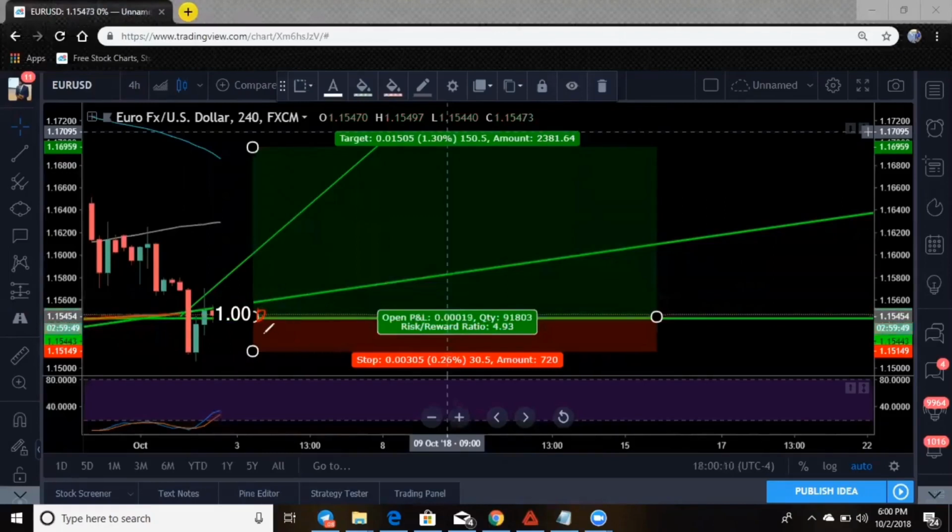At $10 a pip, meaning at 30 pips risk, I am willing to risk $300 in the market to be able to profit positive $1,500. Because our risk is 30 pips and our take profit increased 50 pips more, so we will be making on this trade $1,500 on this one trade, which is a great risk. You risk negative $300 to be able to make $1,500 in the Forex market.